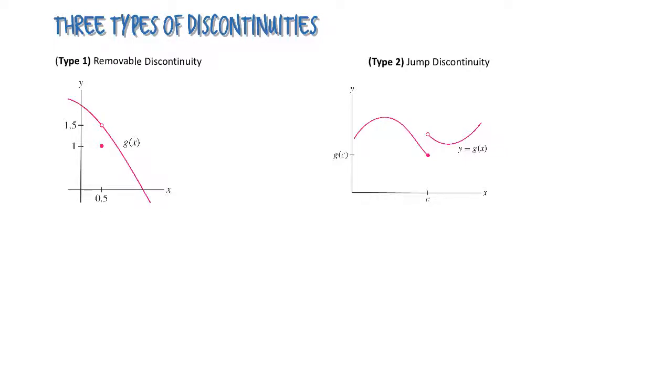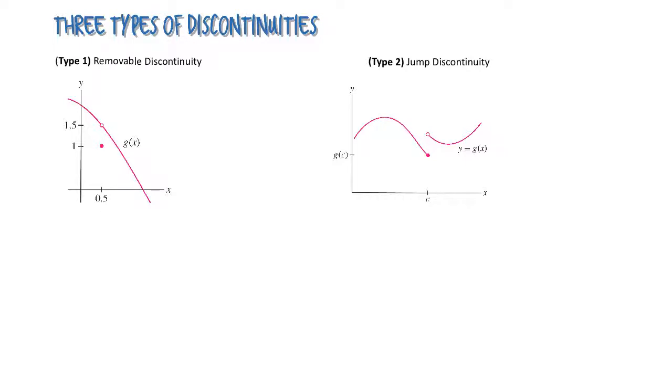The limit is equal to 1.5 at 0.5, but f of 0.5 is 1, not 1.5. So this type of discontinuity is called removable. Informally, in pre-calculus classes, we call it a hole discontinuity, that there is a hole. In calculus, though, we're not going to call it a hole discontinuity, we're going to call it removable discontinuity.